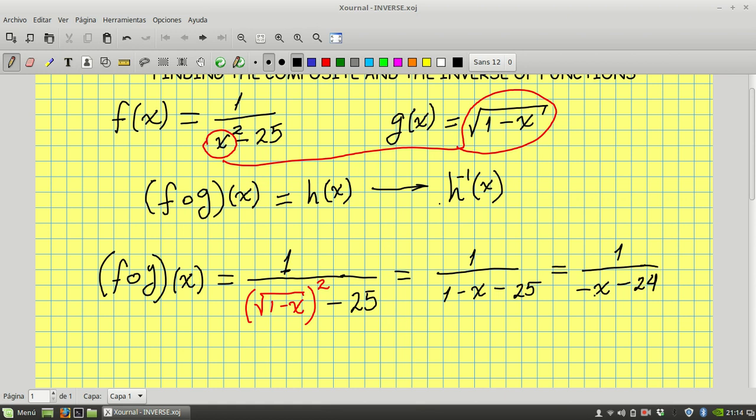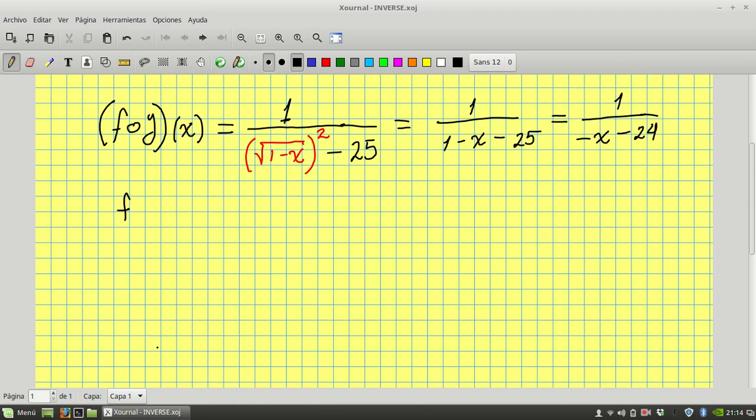We can factor a negative sign here, and the composite is going to be minus 1 over x plus 24. That's the composite.